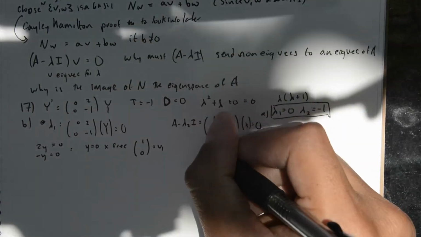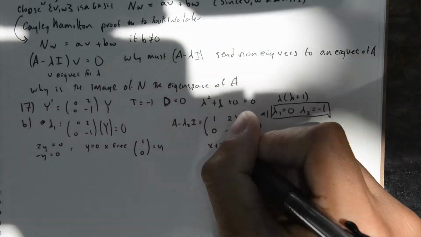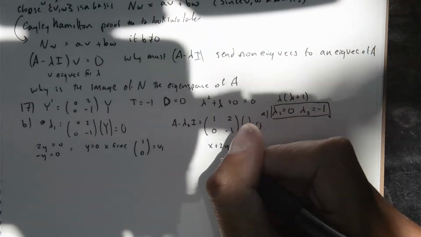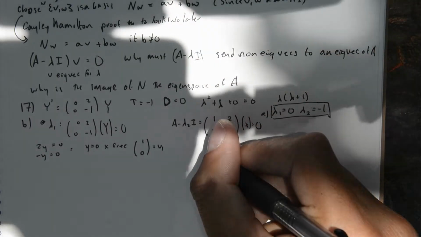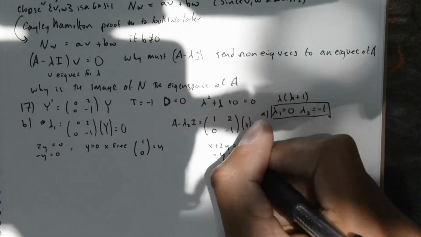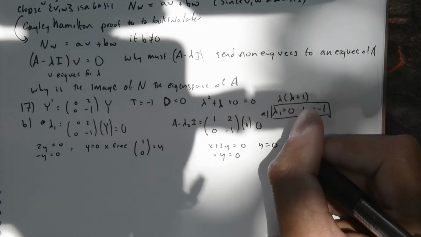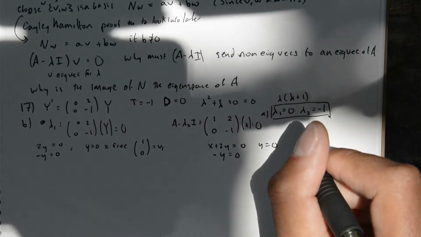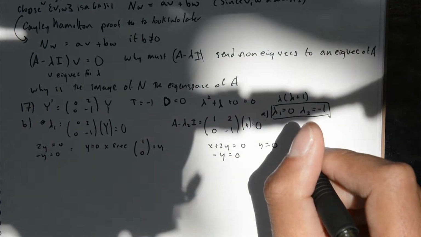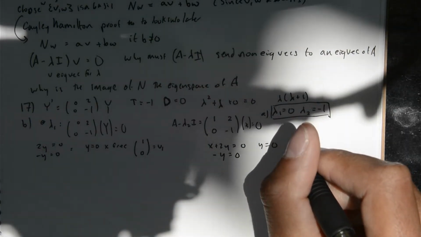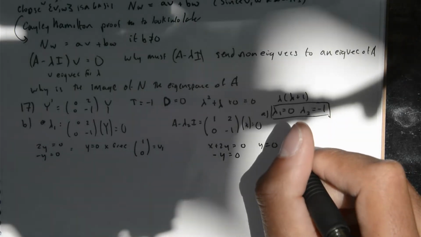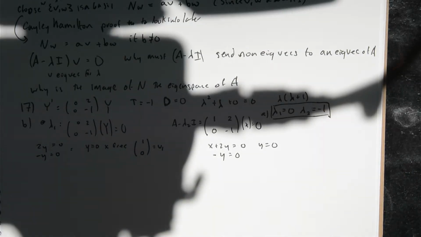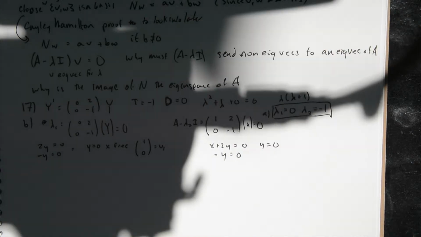So we got x plus 2y is equal to 0, and minus y is equal to 0. So y is equal to 0. Wait. Is that right? That seems wrong. I feel like I made a mistake.